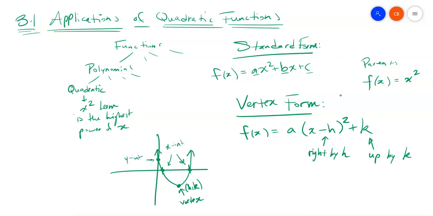As far as the x-intercepts go, it's possible, if you can remember, to have 2 x-intercepts, as in the case of this graph, or else we could have only 1 x-intercept if the vertex is just sitting on the x-axis. Or else we could have a situation as well where a parabola has no x-intercepts. For example, a parabola that looks like this one. It will never cross the x-axis. And so there are these 3 cases to think about.